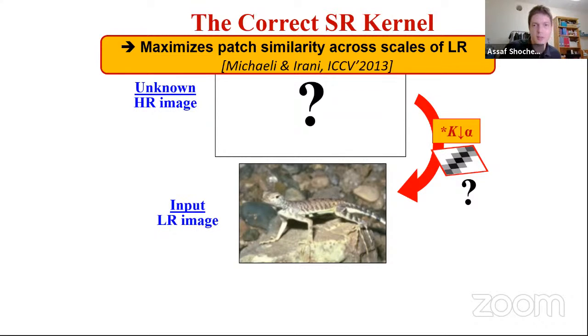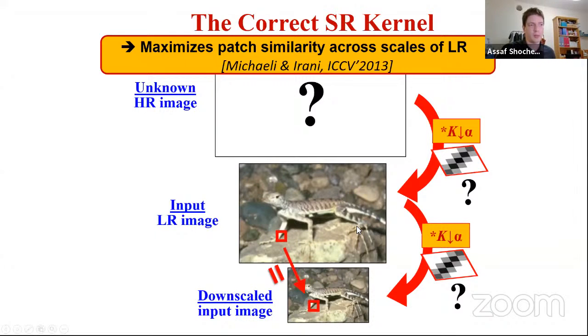Looking at this another way, if you downscale correctly, then this characteristic occurs. So you can look for the kernel by asking what kind of downscaling would maximize the recurrence of patches across different scales of the image.